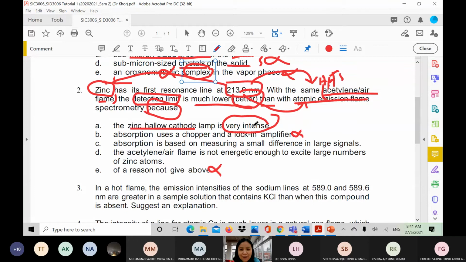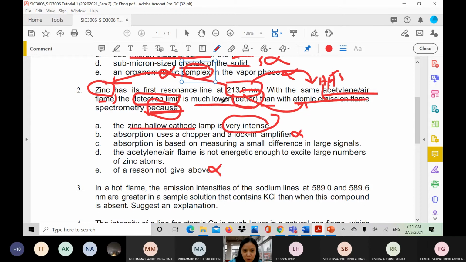But for AFS technique, yes, it will, right? And also we are not picking answer A because this question is about the comparison between AAS and AES. So this is not quite a suitable answer, because one of the answers might be the main reason to explain why if we use flame AAS, we will get a better sensitivity of detection.